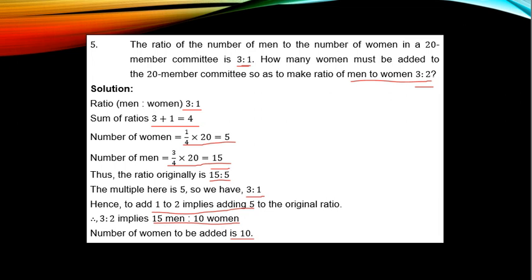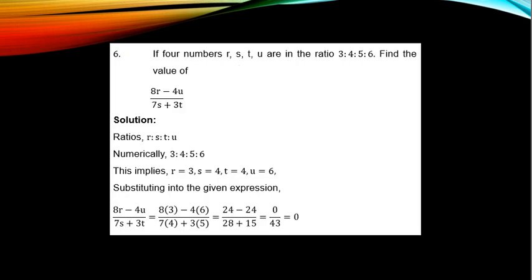All right. Example 6. If 4 numbers R, S, T, U are in the ratio 3:4:5:6, find the value of 8R minus 4U over 7S plus 3T.